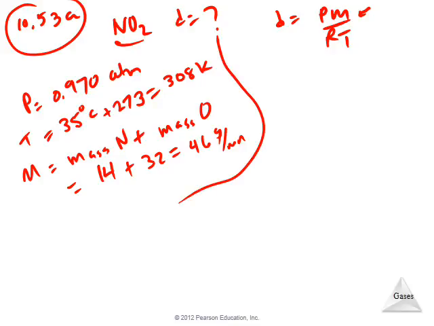So now I'm going to plug in all these numbers. So D would be given by pressure, 0.970 atmosphere. Molar mass is 46 gram per mole.